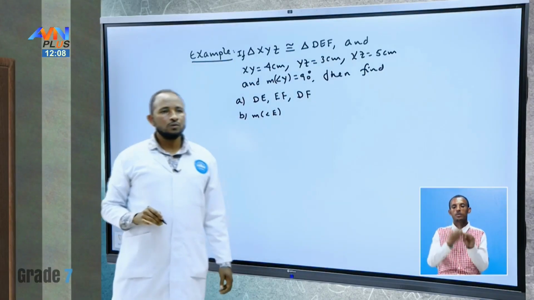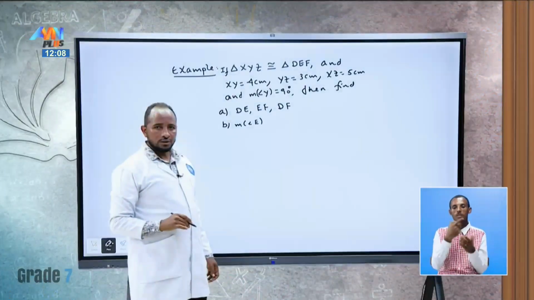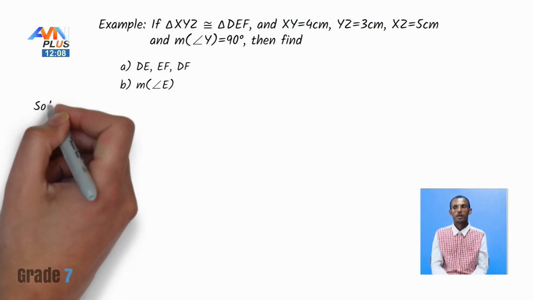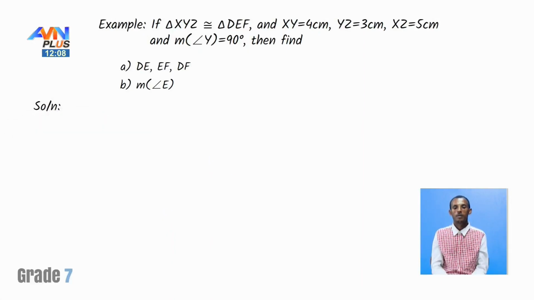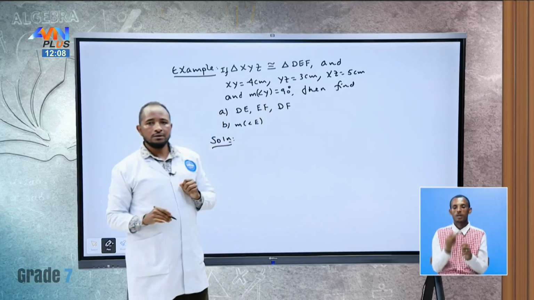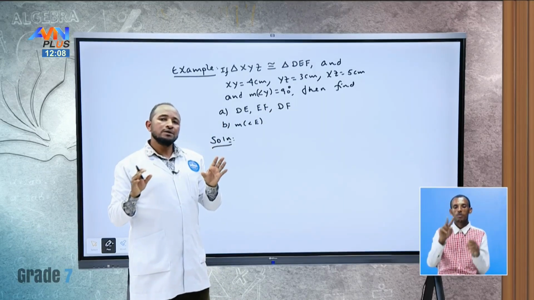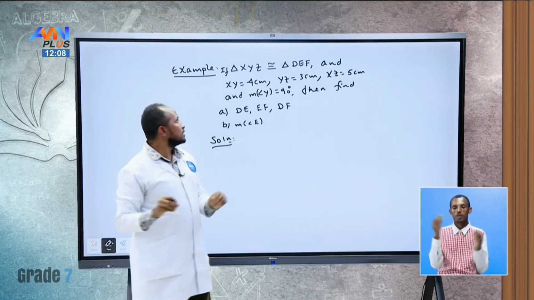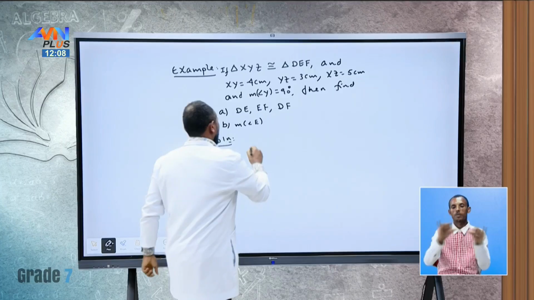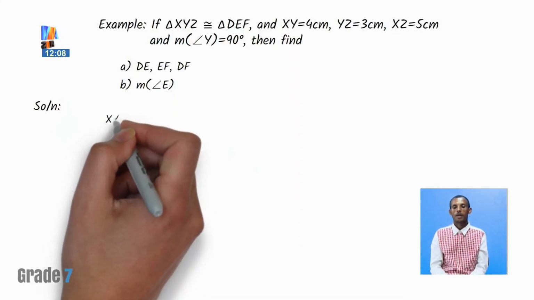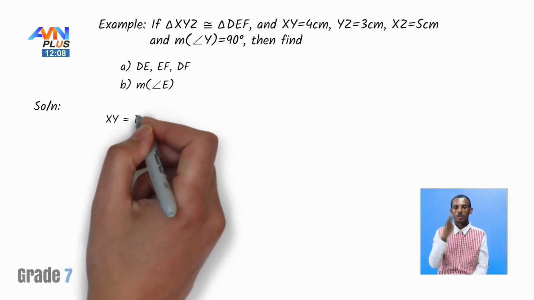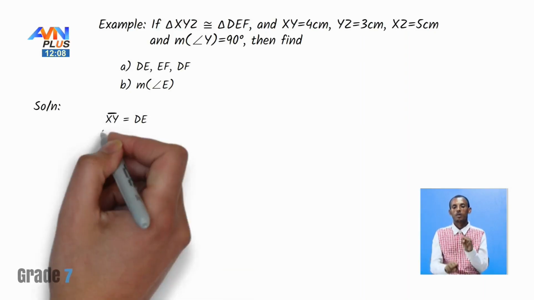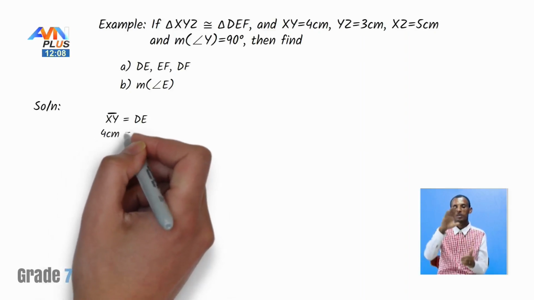So, let's see this question together. Here, the two triangles are congruent. If the two triangles are congruent, the corresponding parts of these triangles are congruent. That means the length XY must be congruent to DE. Here, XY is given to be 4 centimeter.